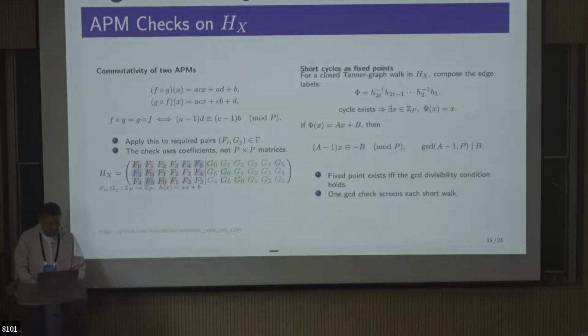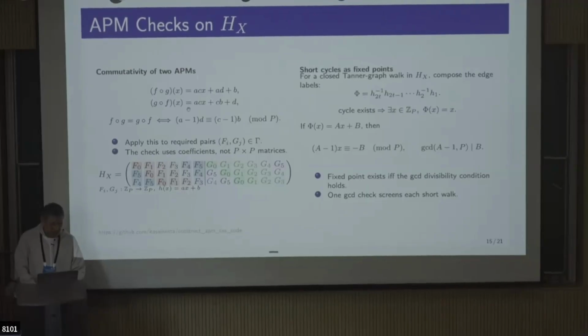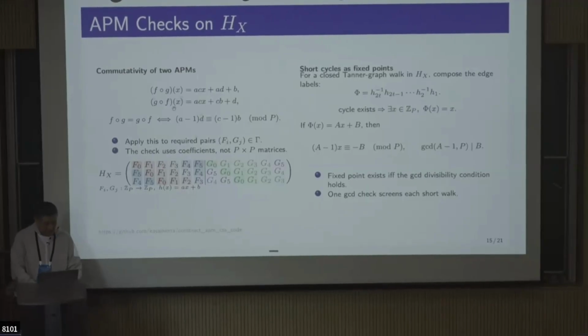So this slide gives the two arithmetic checks for APM. First, commutativity. An APM is an affine map on the index set. So two APMs commute exactly when the modular condition shown on the slide holds.